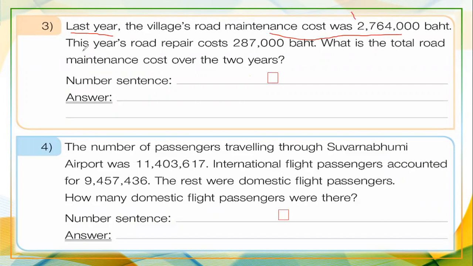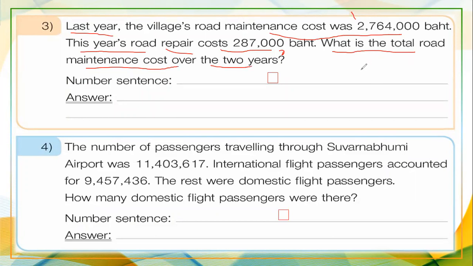This year, the repair cost is 287,000 baht. So we have two figures already, last year and this year. Now what is the question asking in the problem? The question they are asking is what is the total road maintenance cost over 2 years?